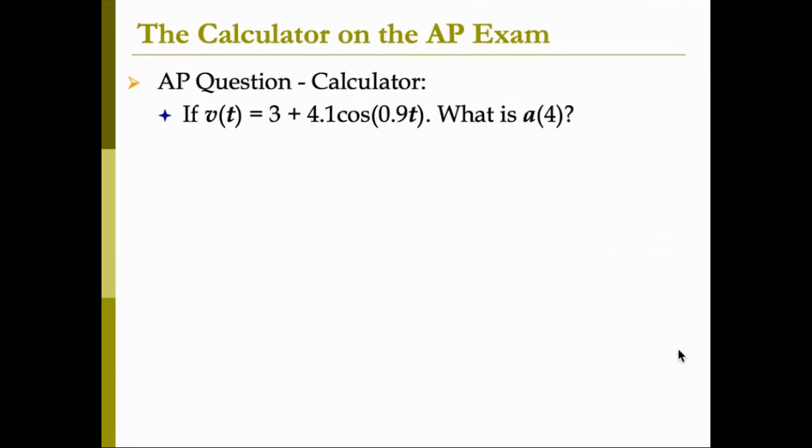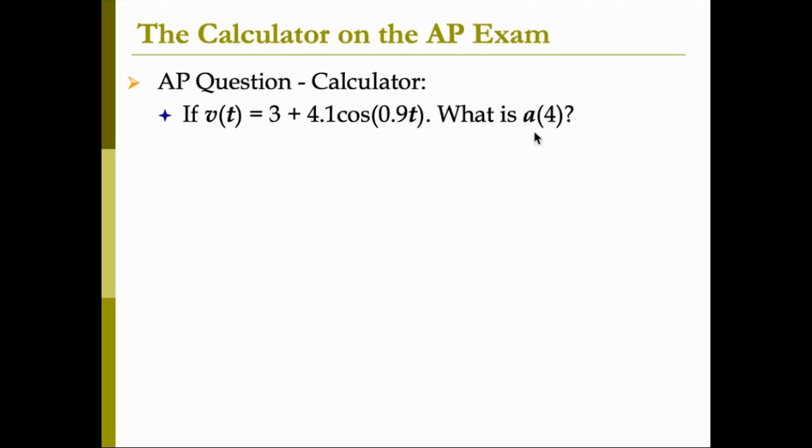Let's go ahead and use a calculator to evaluate. So what if I ask you to evaluate? Now it says the velocity, which we've seen before, is 3 plus 4.1 cosine of 0.9t. What is a of 4? So what's the relationship between v and a?